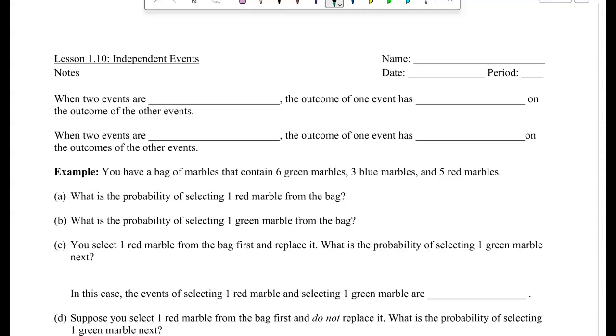When two events are independent, the outcome of one event has no effect on the outcome of the other event. So if you're dependent, doesn't one affect the other?